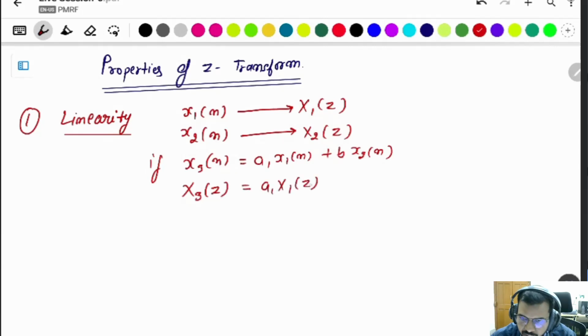You can find the z transform for individual x1 and x2, then add them simply. There is no matter, both answers will be the same.